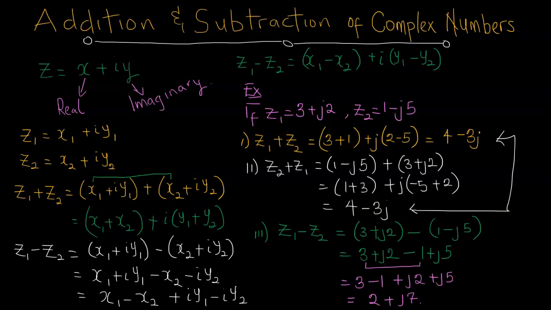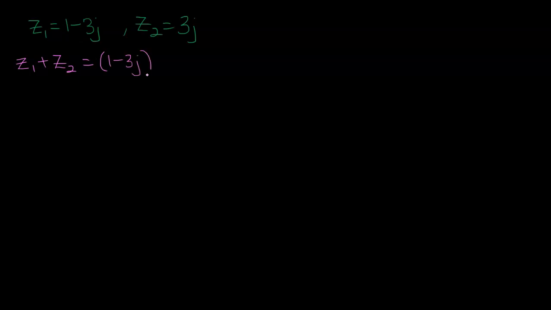Let's take another example. If z1 equals 1 minus 3j and z2 equals 3j, let's figure out what z1 plus z2 is going to be. We know that z1 is 1 minus 3j, then the positive sign, z2 is just 3j.